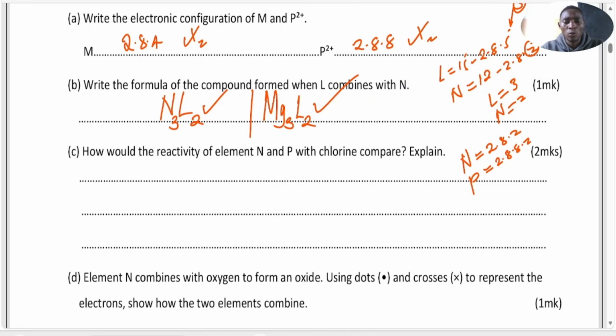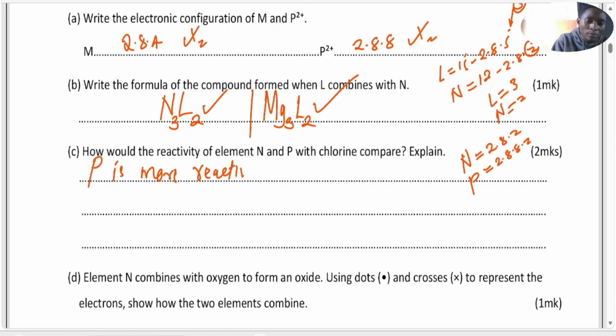So how would the reactivity of N and P compare? As we know, the one with the larger atomic radius is always more reactive for the metals. The one with larger size is always more reactive. So we are going to say P is more reactive than N. For you to score the first mark, we say P is more reactive.